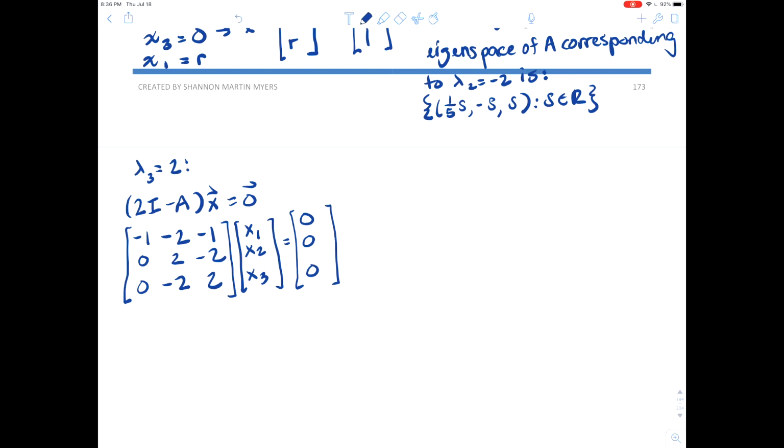All right, so what are we doing? We need to find the reduced row echelon form for the homogeneous system.